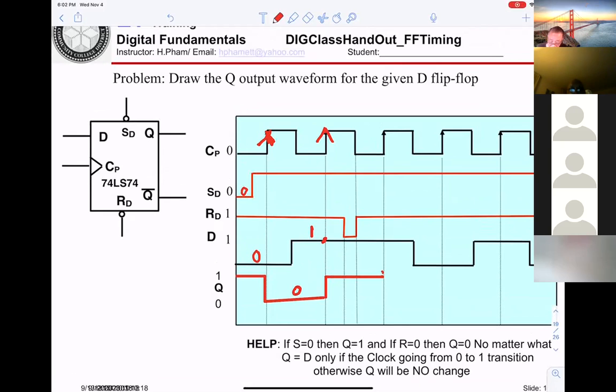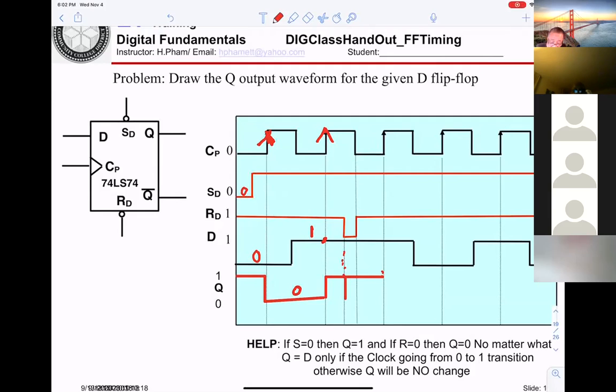Okay? However, we get a problem with the Reset. Reset going low here. So no matter what, Q must go low right away. Okay?